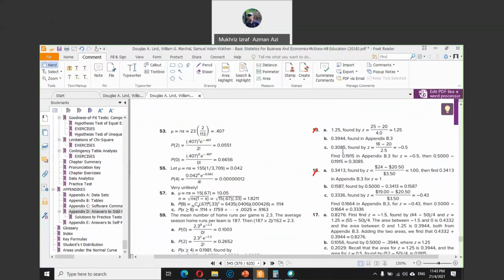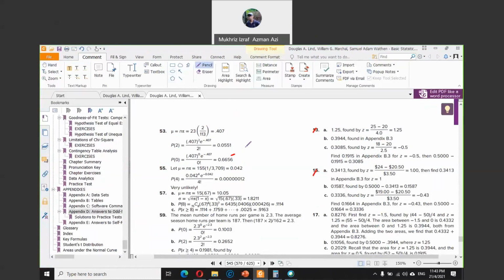So how do you get this from the table? If you were to calculate this manually, you can see that when you convert from X into Z, your Z will be negative 0.5.